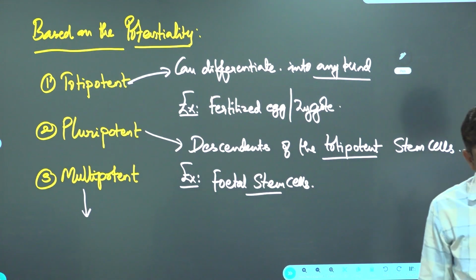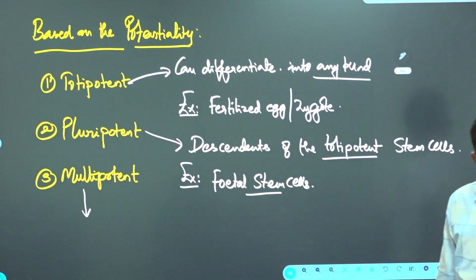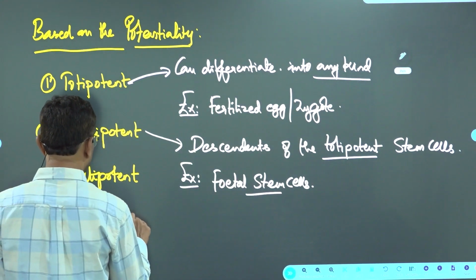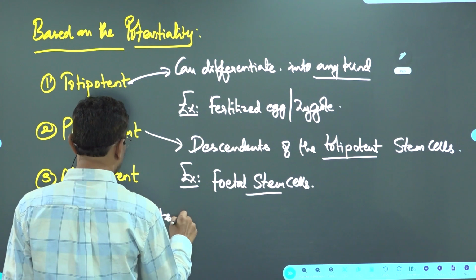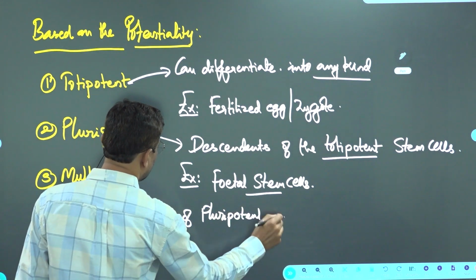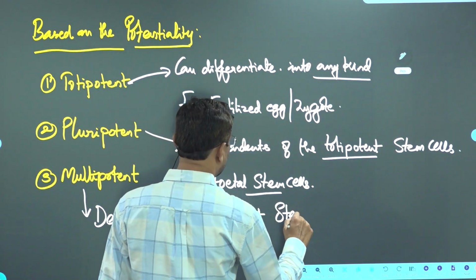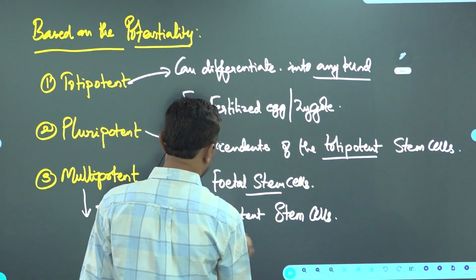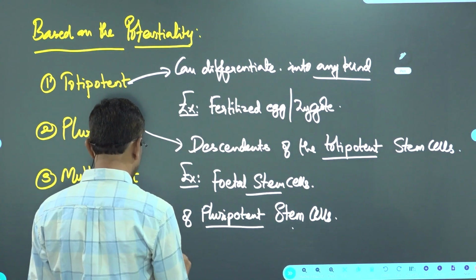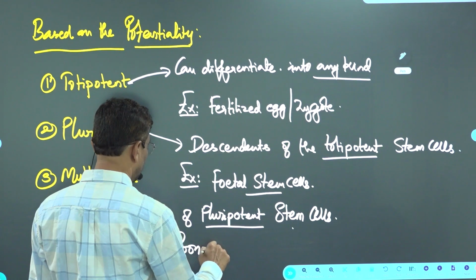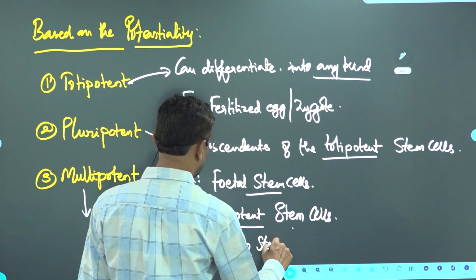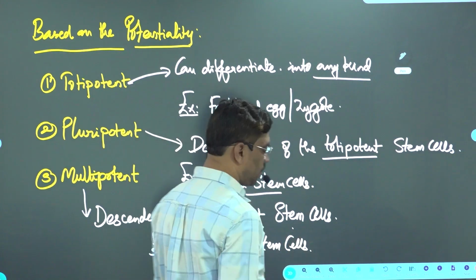These are the descendants of pluripotent stem cells. Example, bone marrow stem cells.